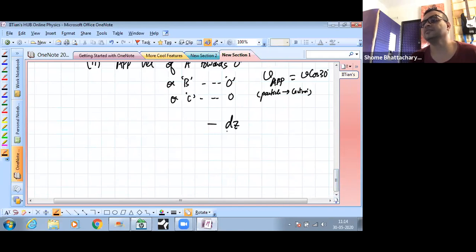Okay. Let's say the distance from the centroid is z. So minus of dz by dt will always be equal to root 3 by 2 v, where z at any point of time is x by root 3. So delta z is equal to root 3 by 2 v delta t with a minus sign.